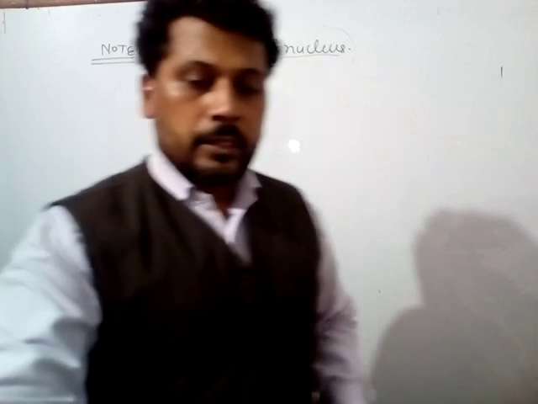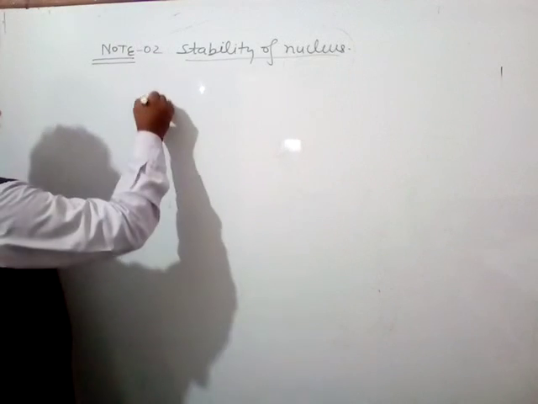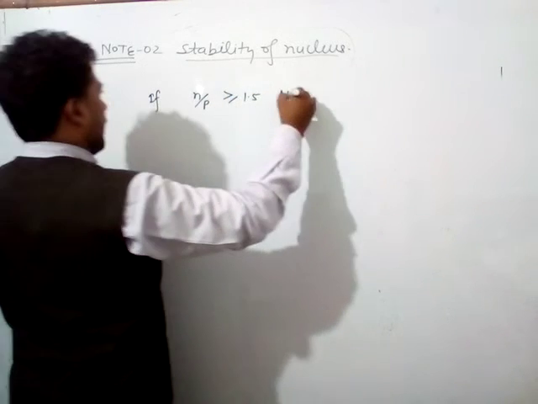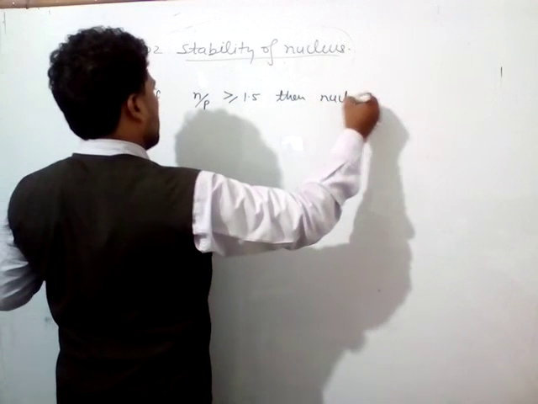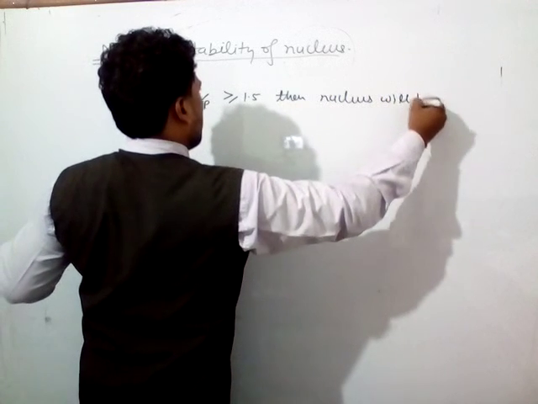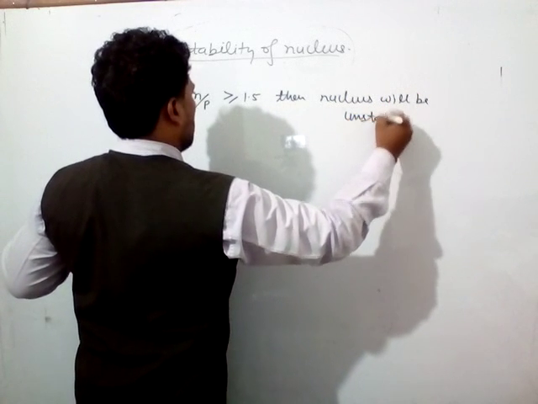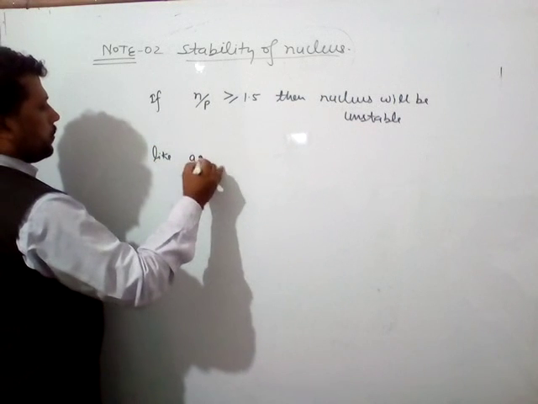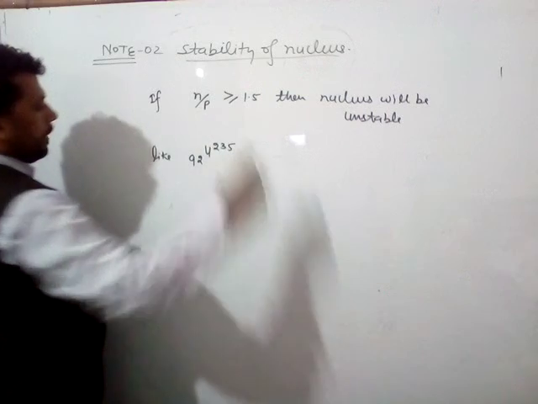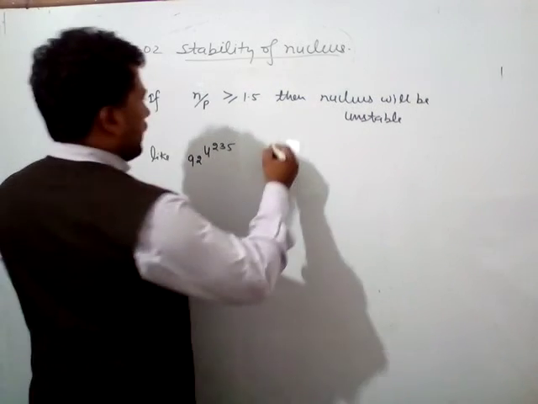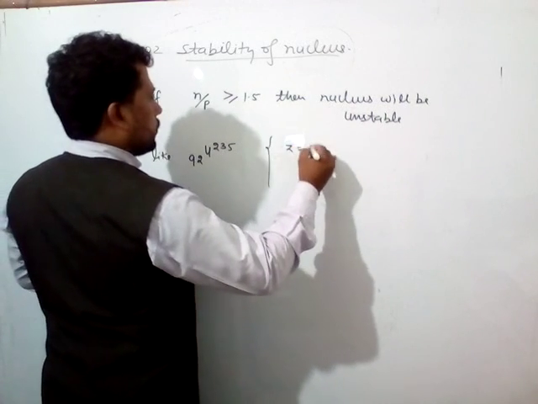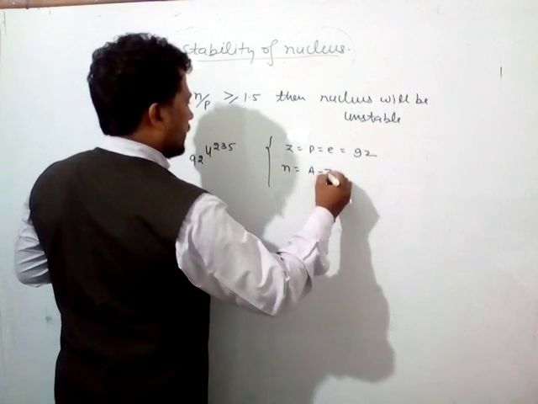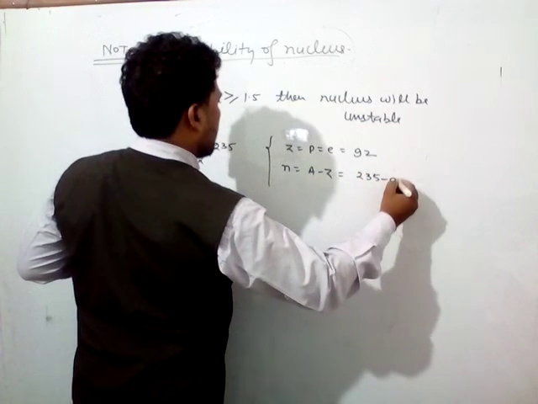For any nucleus, if n by p is greater than or equal to 1.5, then the nucleus will be unstable, like 92 uranium 235. Here you know that Z equals P equals E equals 92 and N equals A minus Z, meaning 235 minus 92.